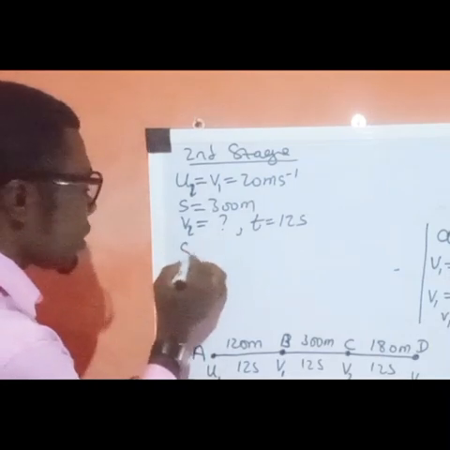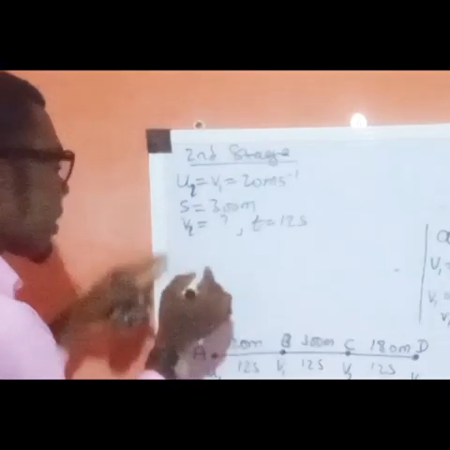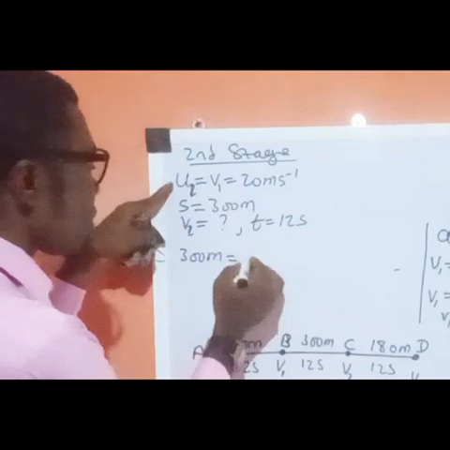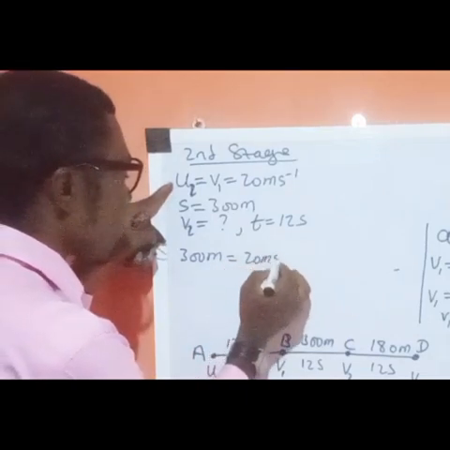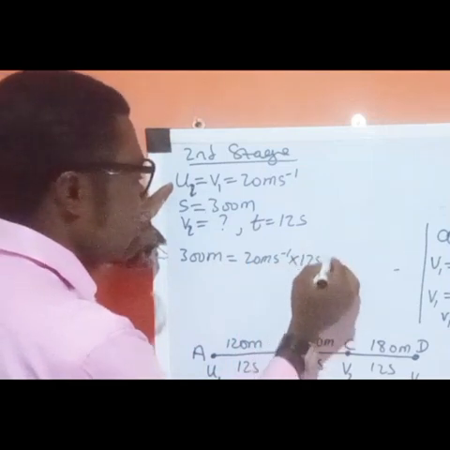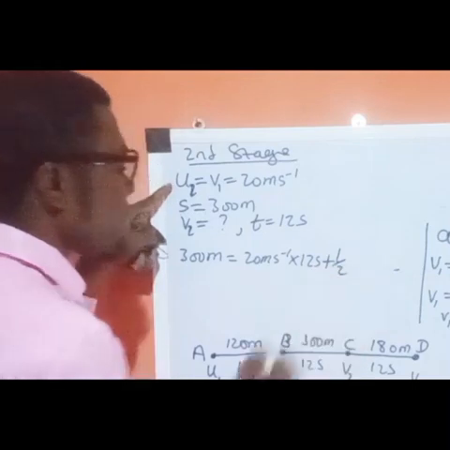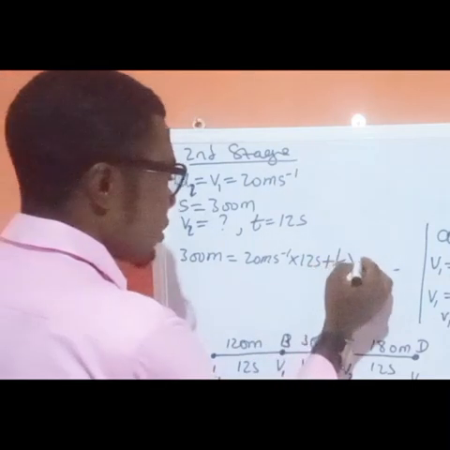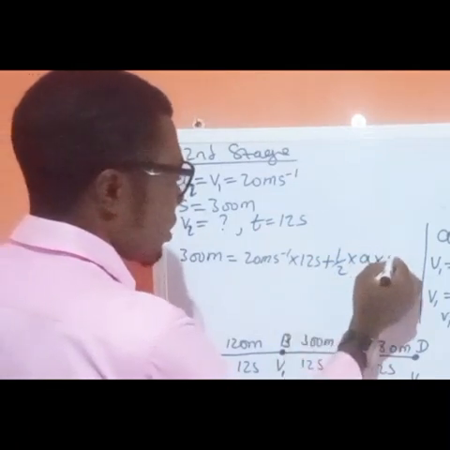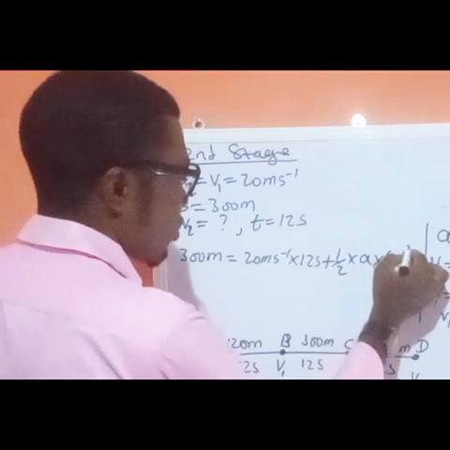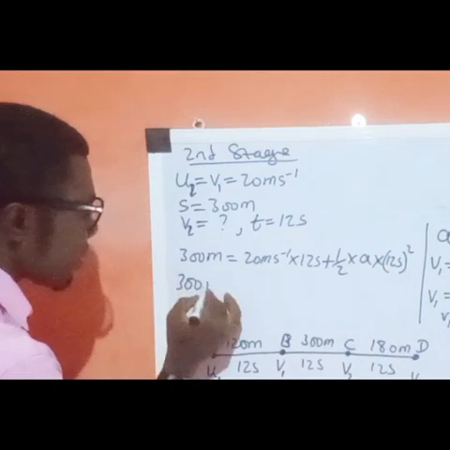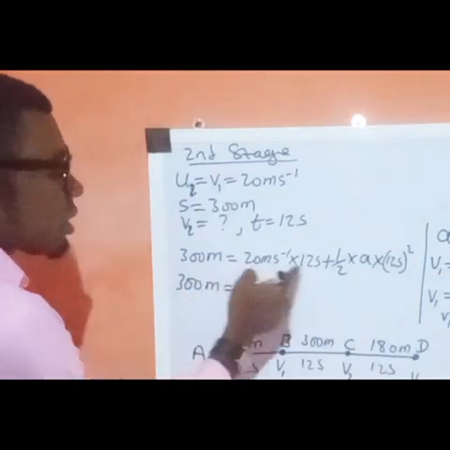S equals ut plus half at squared, and our S is 300 meters, equals U here is 20 meters per second, and our time is 12 seconds, plus half at squared. Our A is unknown and T is 12 seconds squared. Okay, we simplify further. We have 300 meters equals 20 times 12.